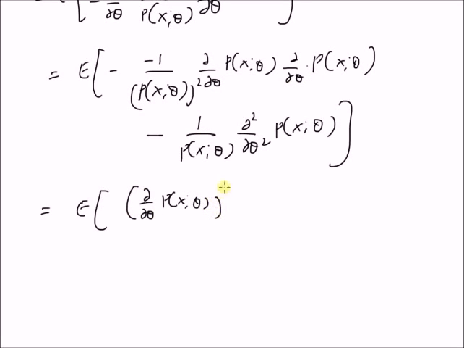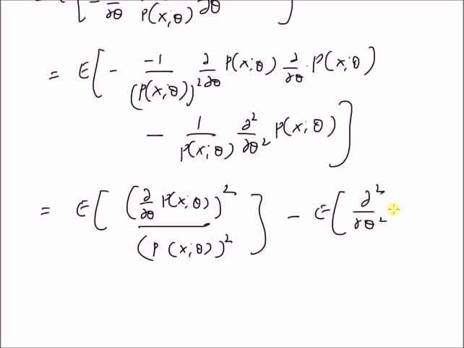So we have the square of the first derivative of the likelihood function, and the square of the likelihood function in the denominator, and then we have the second term, which is minus the expectation of the second derivative of the likelihood function divided by the likelihood function itself.